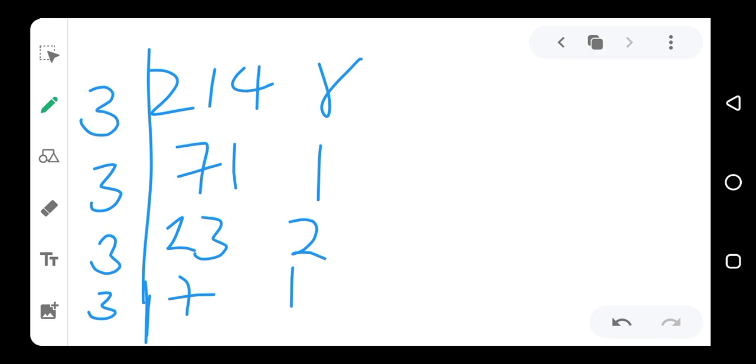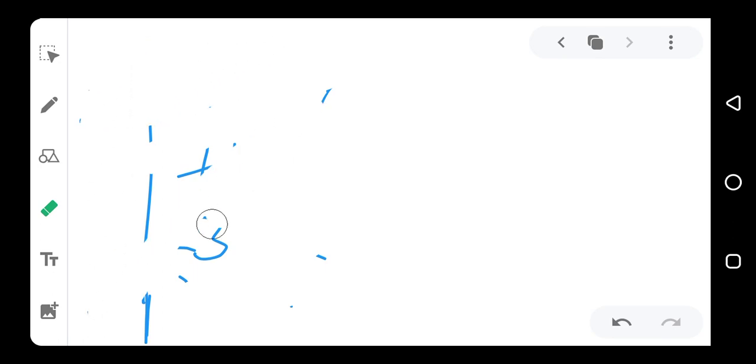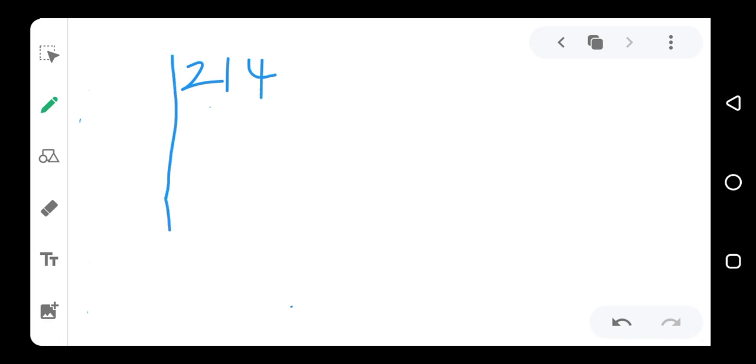Let me start afresh so that this board will contain it. 214 divided by 3 gives 71, remainder 1.